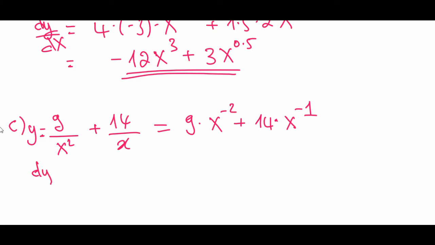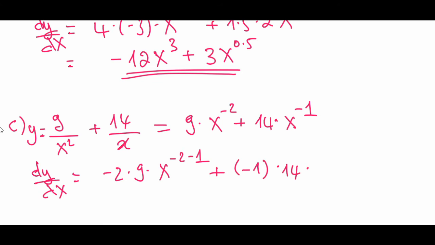So dy by dx will be equal to negative 2 times 9 times x to the power negative 2 minus 1 plus negative 1 times 14 times x to the power negative 1 minus 1. So I will obtain negative 18 x to the power negative 3 minus 14 times x to the power negative 2.